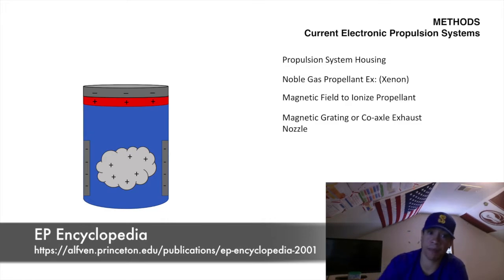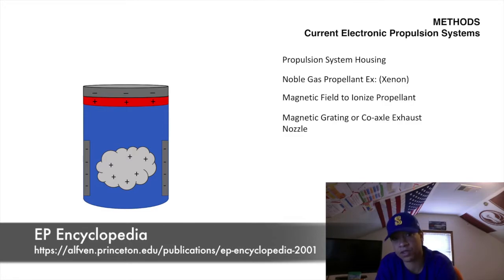In the case of a magnetic grating, the cloud is going to be attracted and then repelled by the negative and positive fields created by the grating, which would be two gratings with different magnetic fields. And as it's attracted and then repulsed, it comes out at a very high velocity.